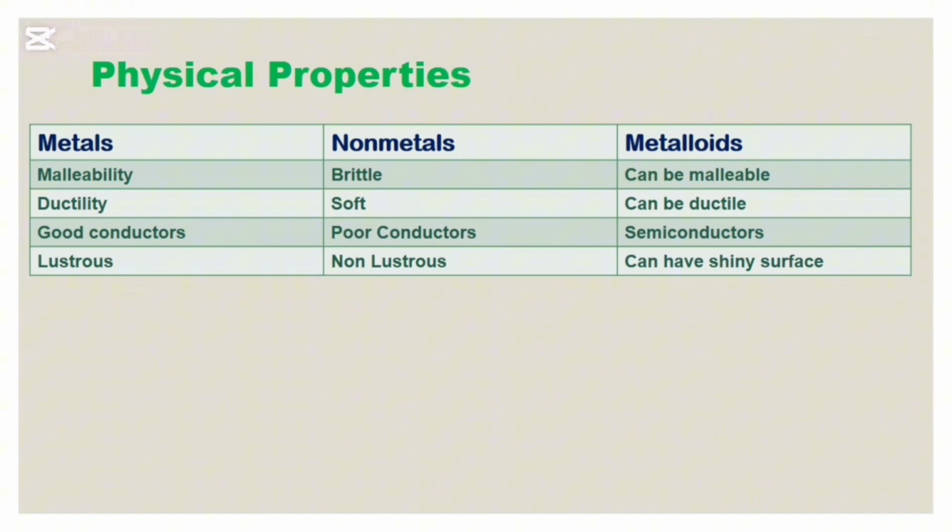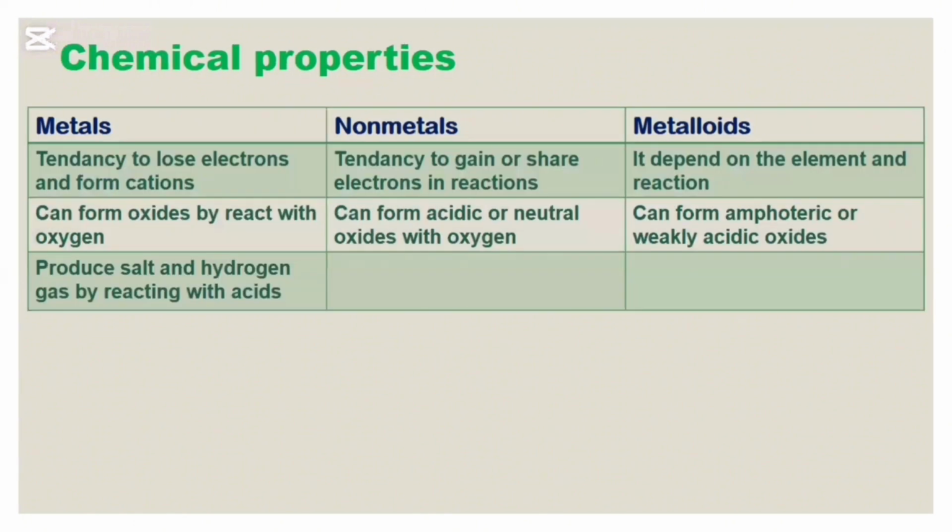For example, boron. They also have brittleness, meaning they can break like non-metals. For example, arsenic. This is how the physical properties of metals, non-metals, and metalloids vary from each other.